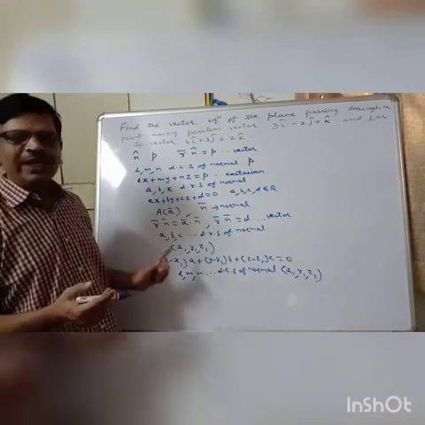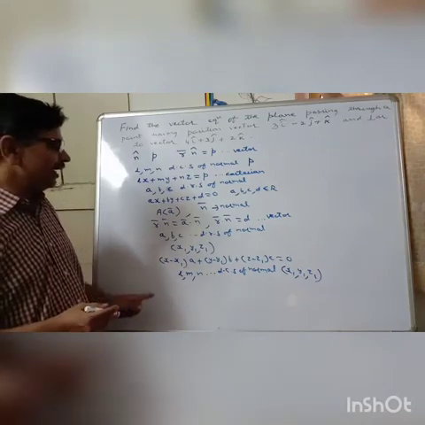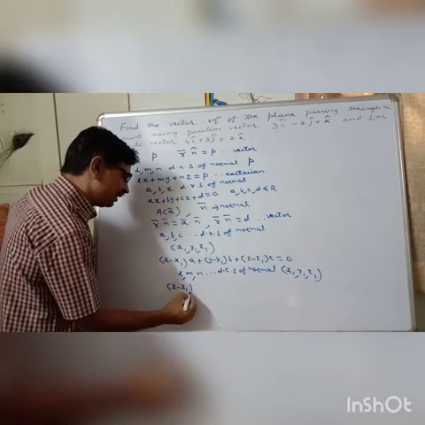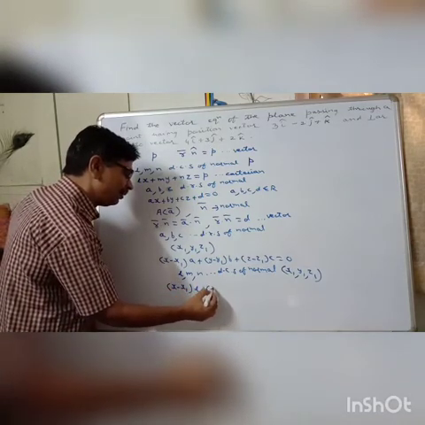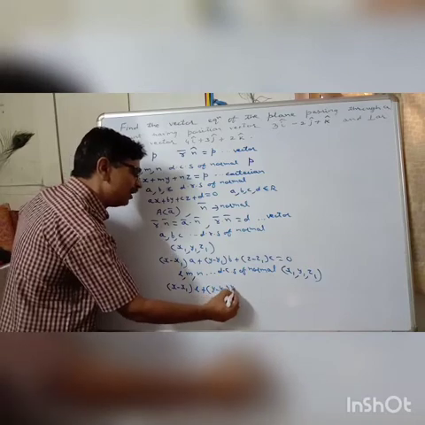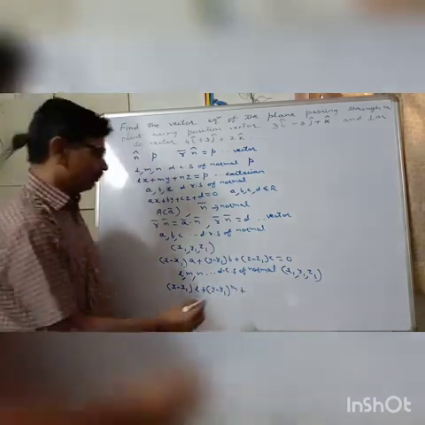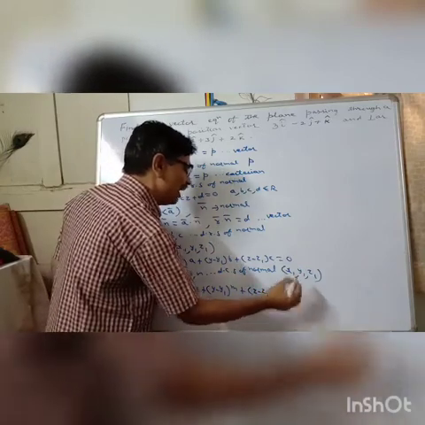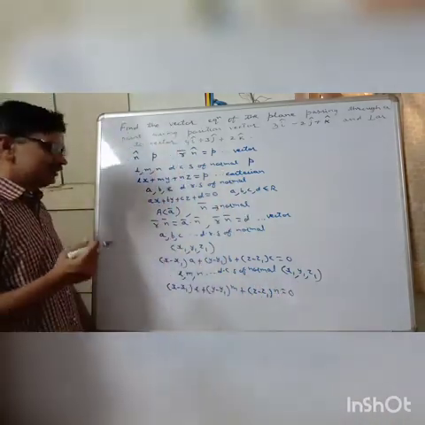Then also we can write the equation of plane in Cartesian form: x minus x1 into l plus y minus y1 into m plus z minus z1 into n is equal to 0.